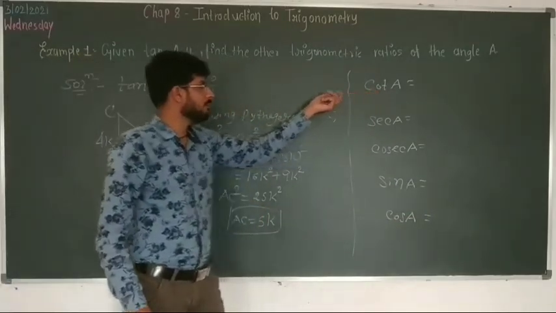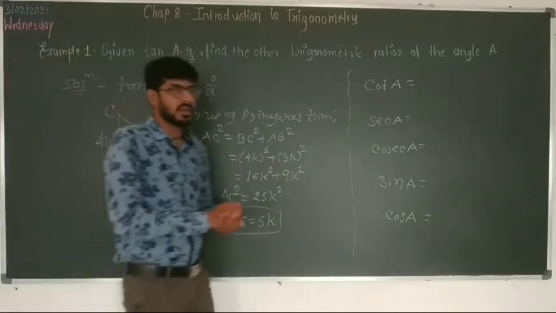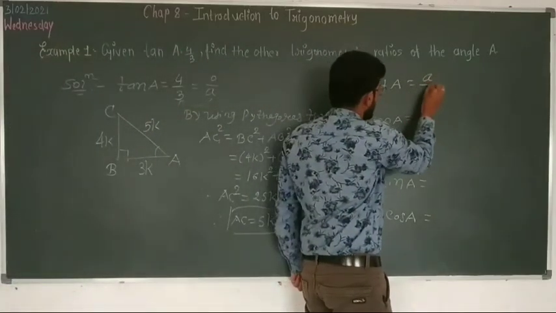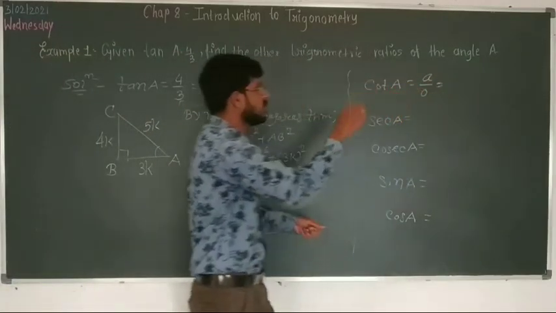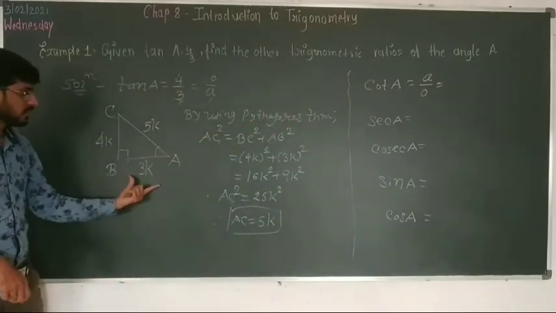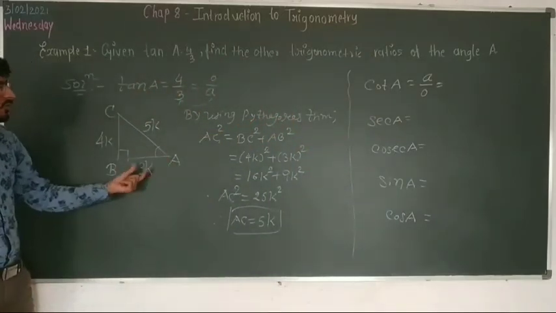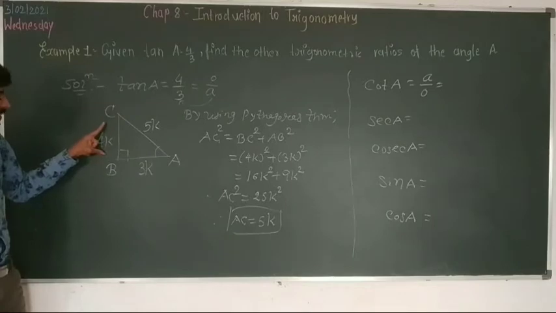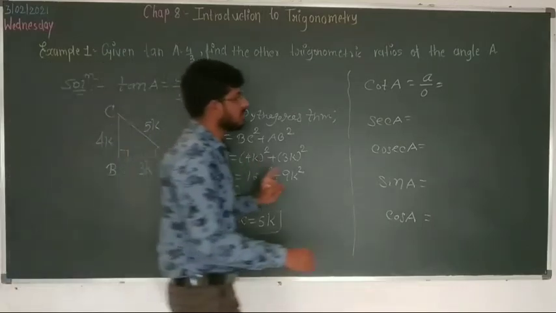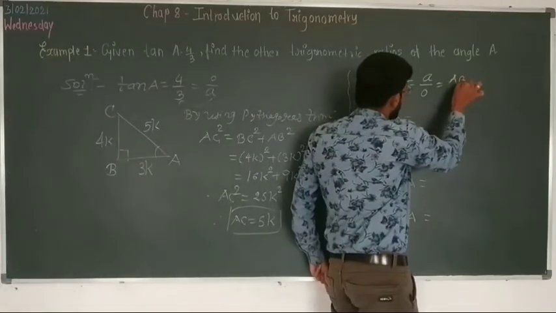Cot is given by A upon O, adjacent side upon opposite side. The adjacent side of angle A is AB and the opposite side of angle A is BC, so AB upon BC.